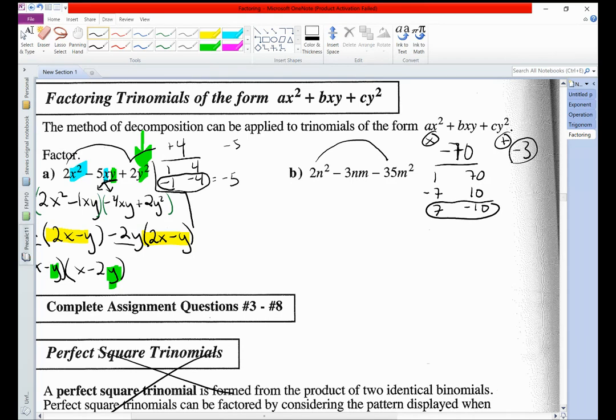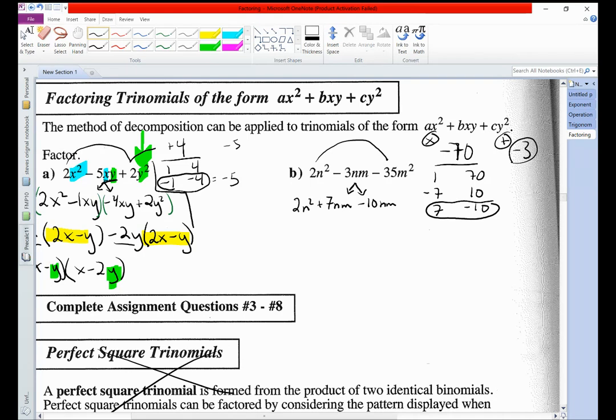So we're going to split this negative 3nm into positive 7nm minus 10nm, and then we have 2n squared.